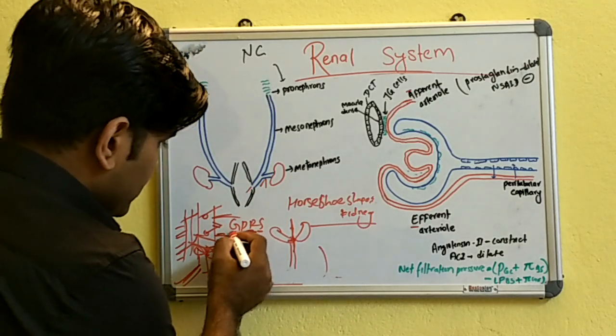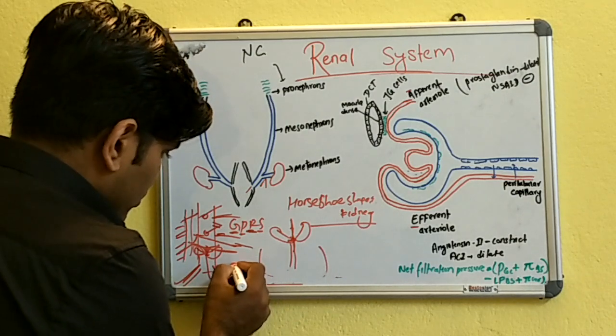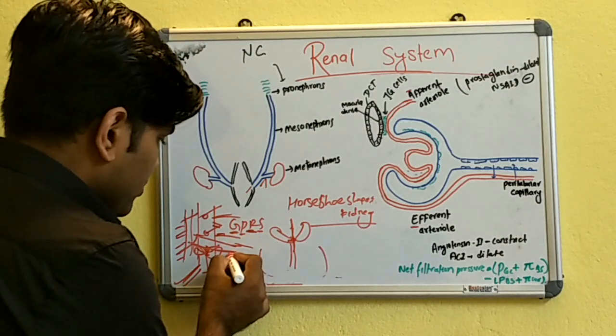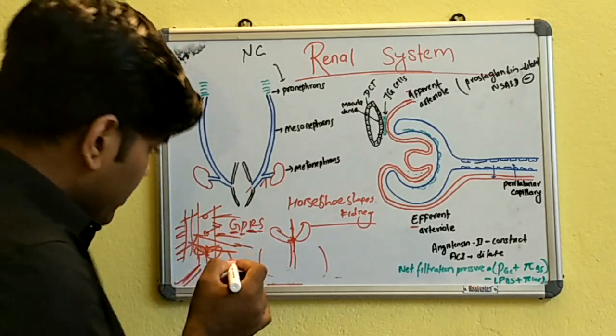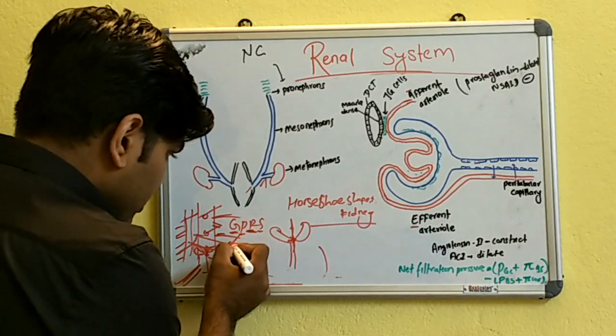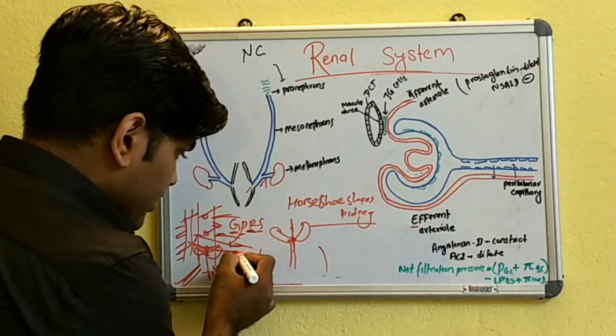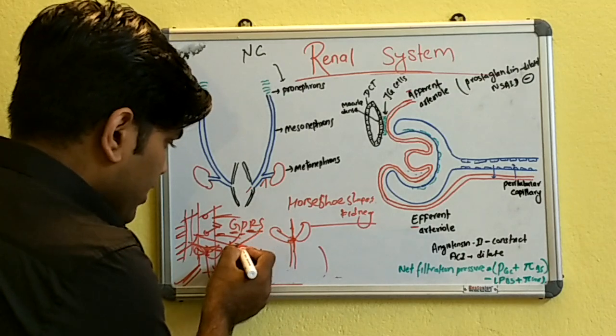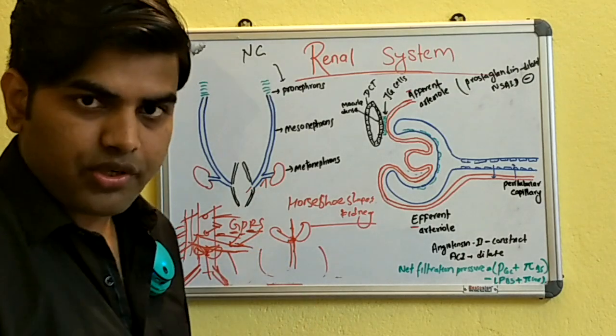into it: the gonadal vein, that is the testicular and ovarian vein, drains into the left renal vein. Then the phrenic vein drains into it, and the suprarenal vein also drains into it.